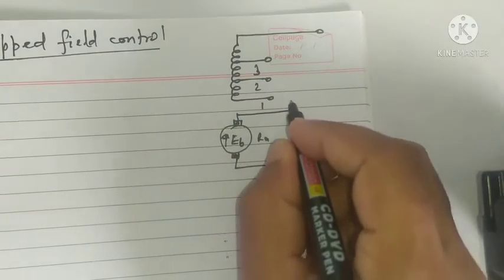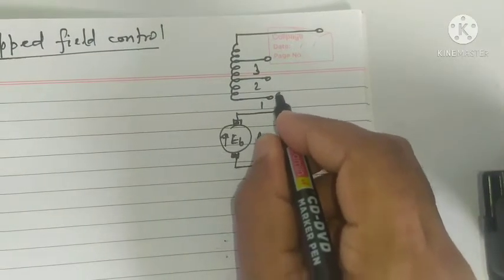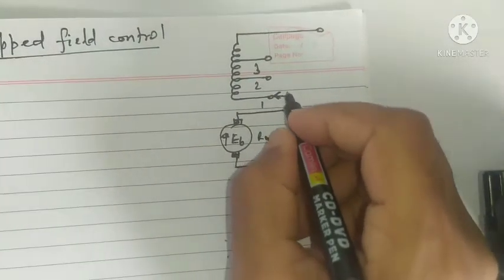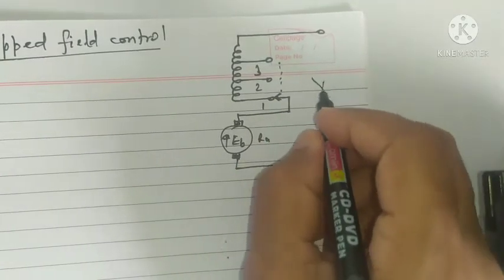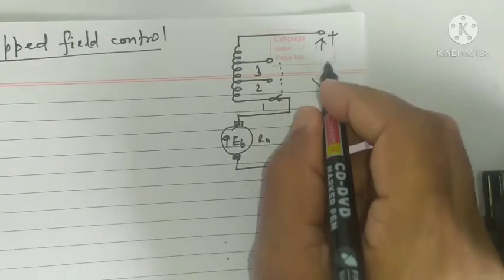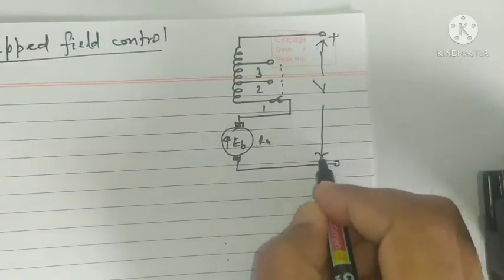This point can be connected at any one position, it can move upward. This is the supply voltage, plus, minus.